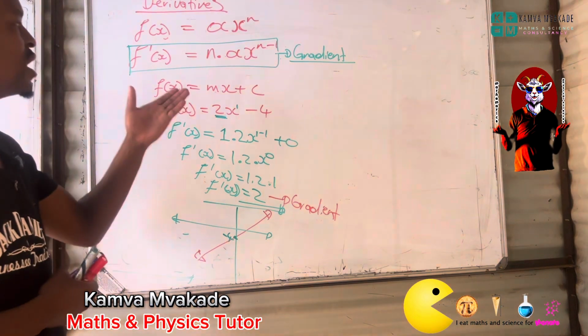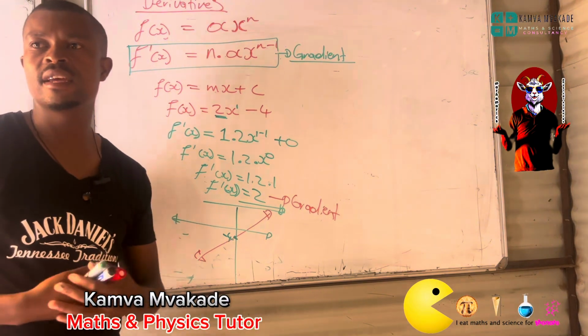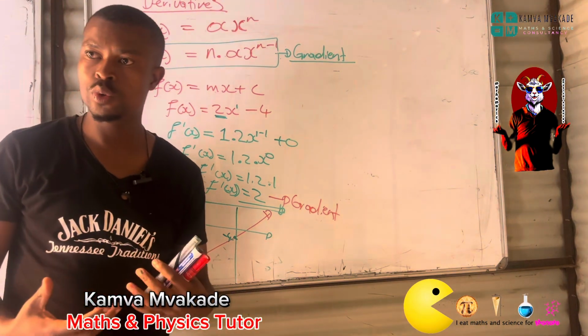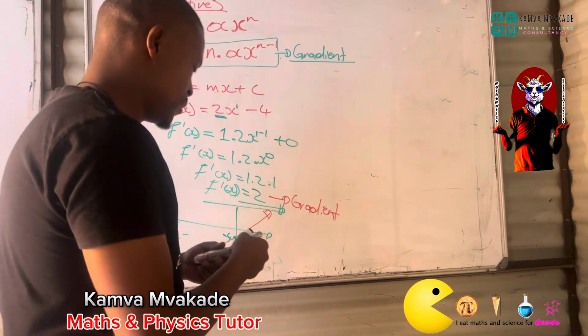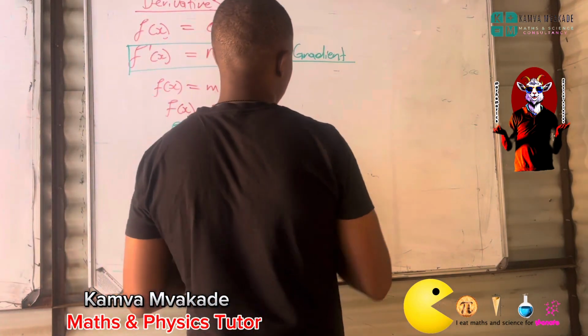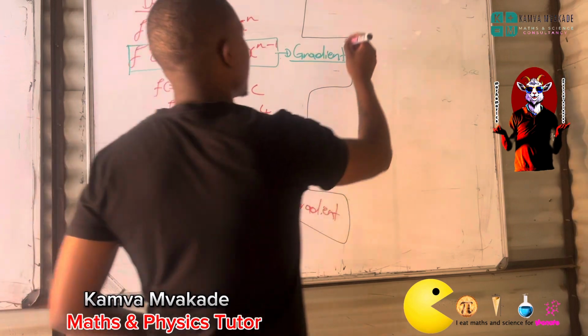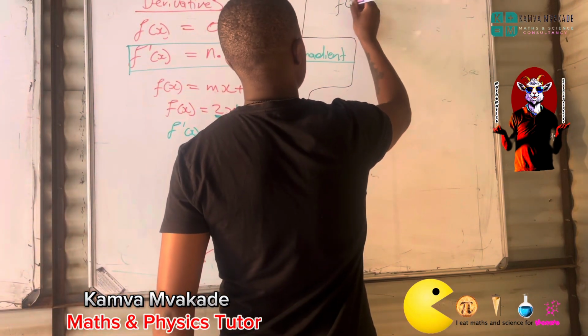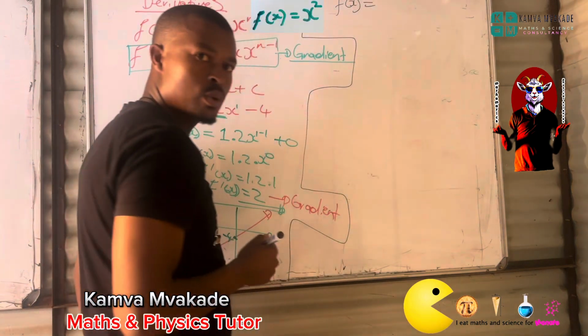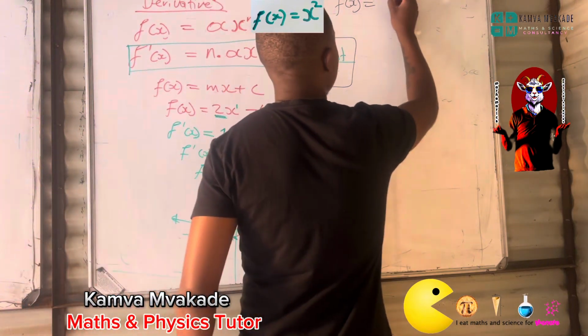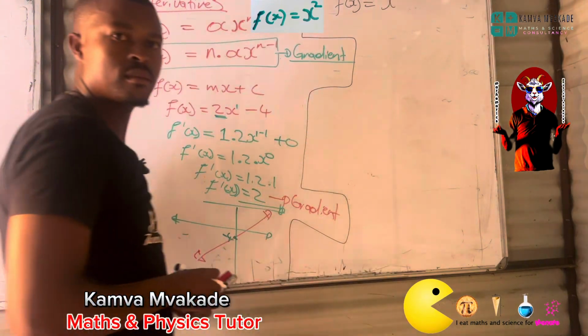Now, what if it is not a straight line? What if it is a parabola? Let us say we have f of x equal to x squared.